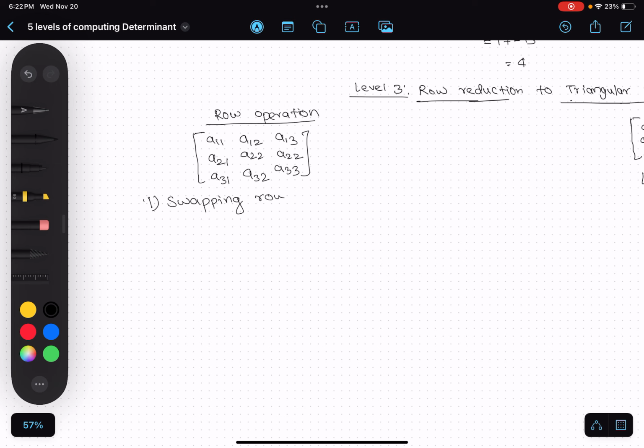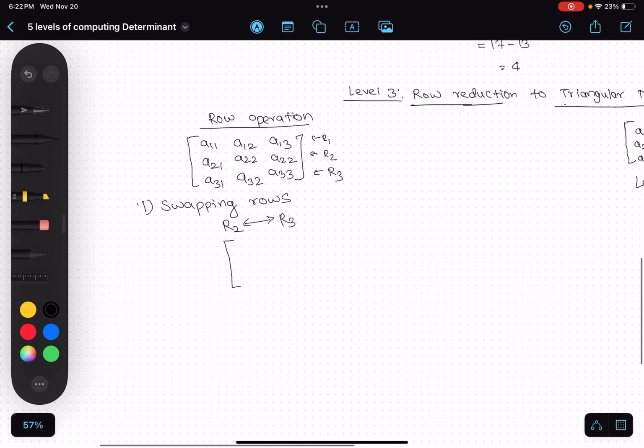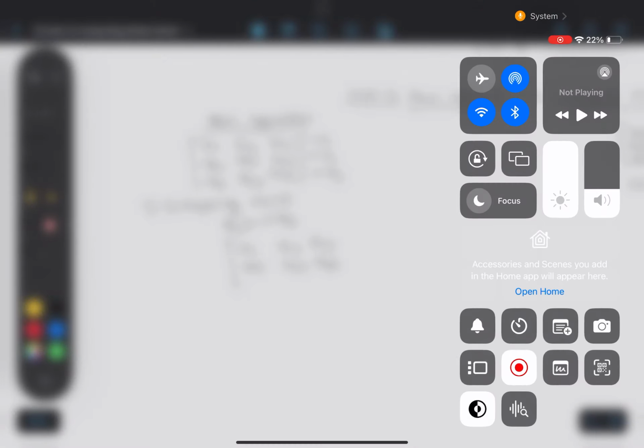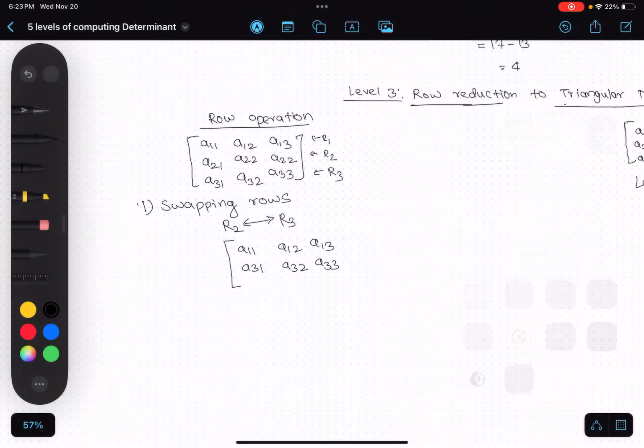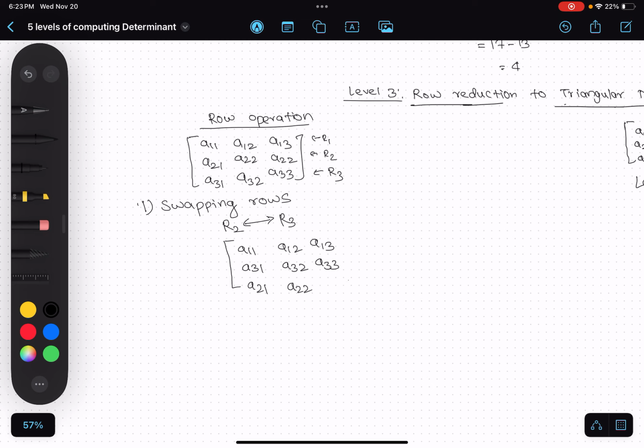So if I make a row operation, let's say this is our row 1, row 2, row 3, and I swap row 2 with row 3, our matrix will become A11, A12, A13, then A31, A32, A33, and then A21, A22, A23. So this is one of the row operations, where we swap the rows.